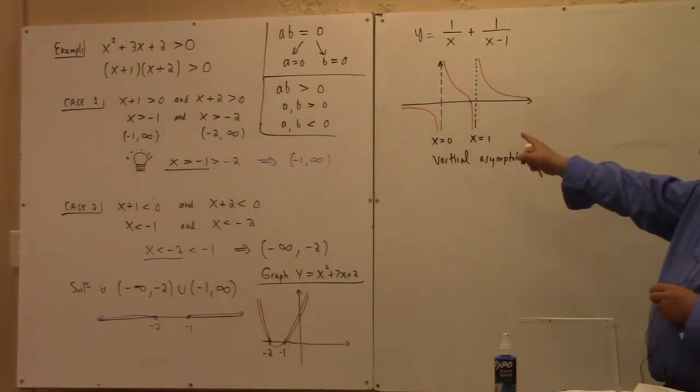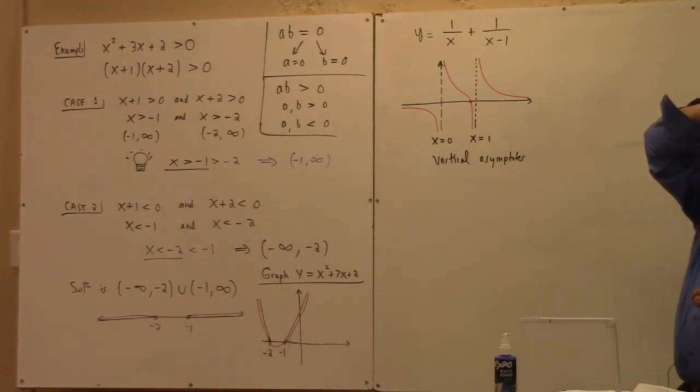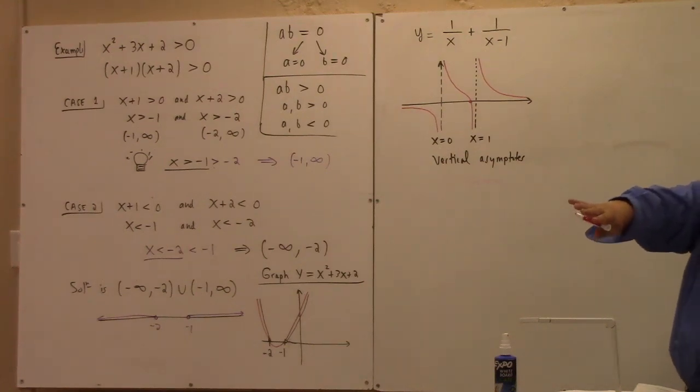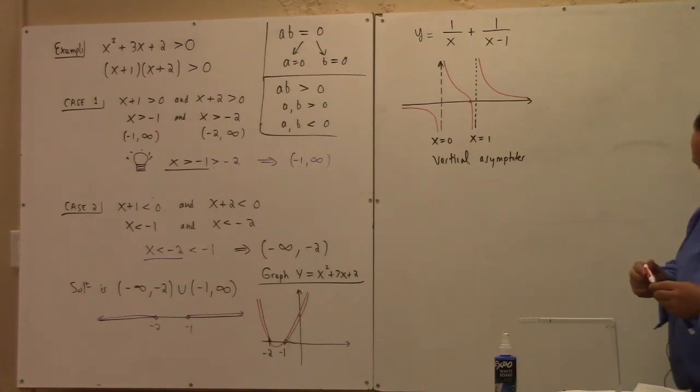You could figure out where that is by setting that plus that equal to 0. That would help you figure out where the x-intercept is. You're not responsible for this right now. This is later, I believe. And so that's a good question.